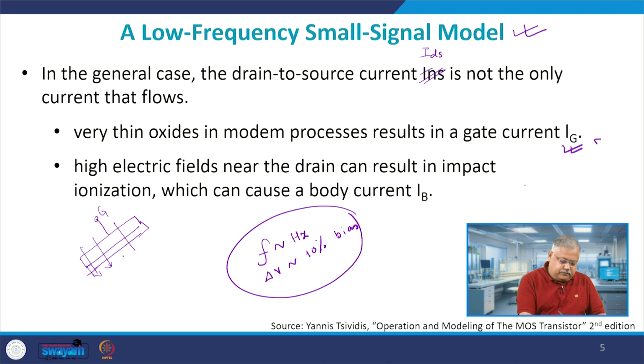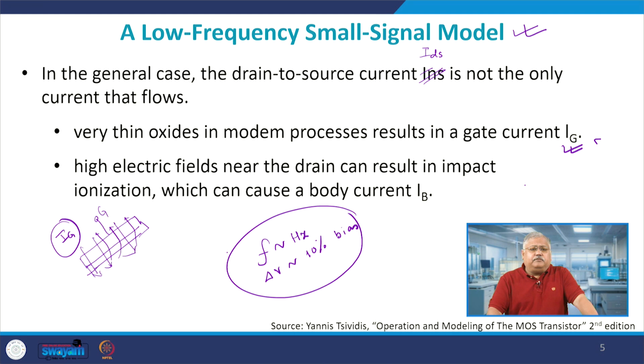If it is a positive gate voltage, then electrons can punch through, sort of tunnel through this oxide layer and reach the other side, and therefore there will be an IG, or the gate current. So you can have a gate current generated when your oxide layers are very thin, and this happens with low technology nodes.